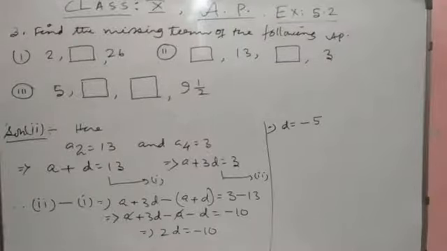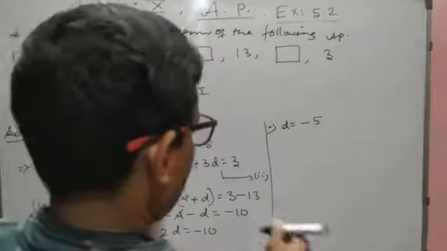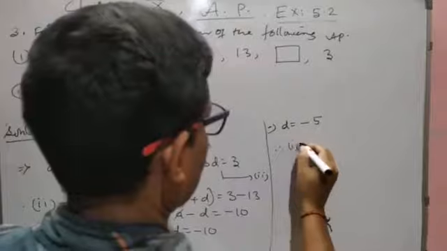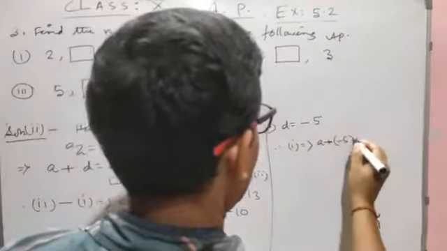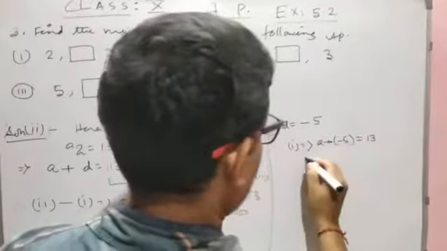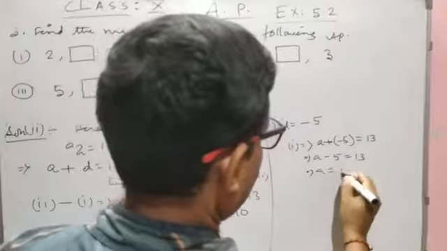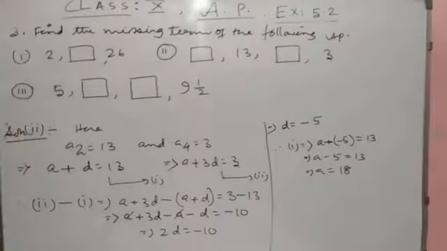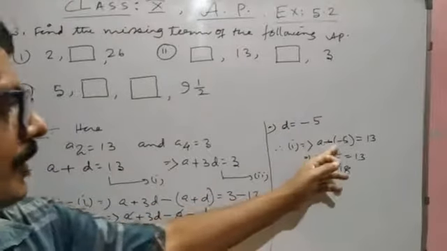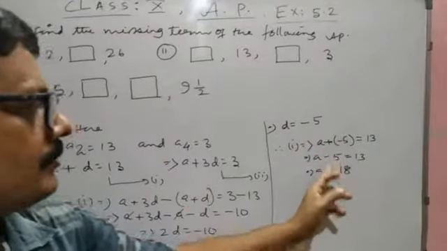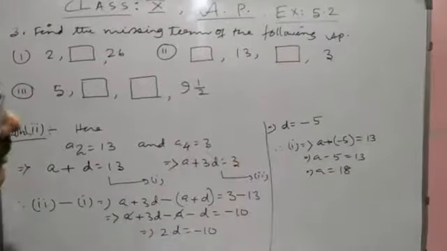So if we put the value of d in equation one, we get the first term. Therefore a plus minus 5 equal to 13. This implies that a minus 5 equal to 13. This implies that a equal to 18. So the first term is 18 and we need to find out the third term.